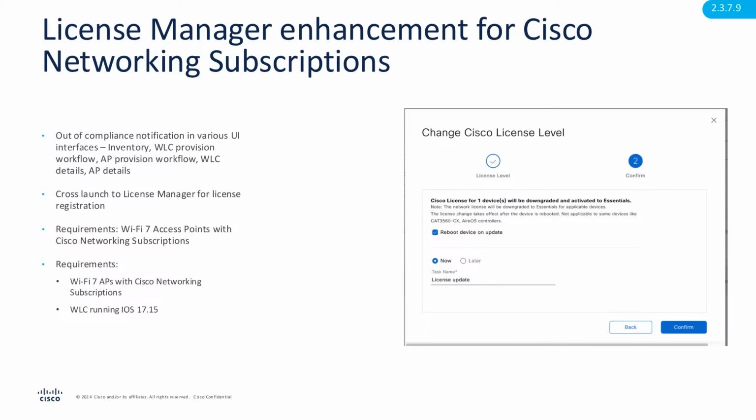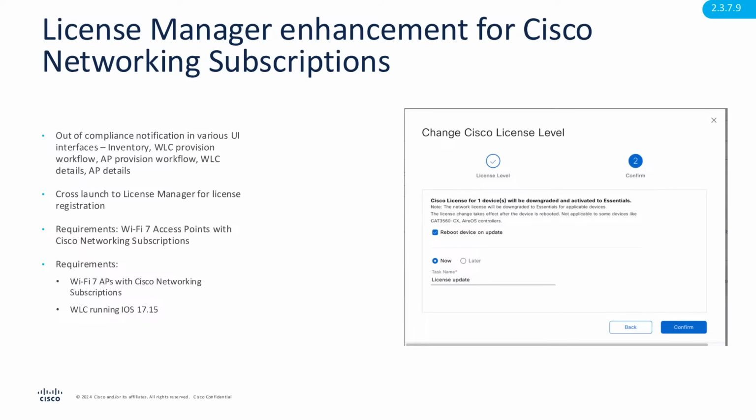License manager enhancements. Again, you see in the upper right-hand corner, this is a new thing with 2379. We've made some changes to the license manager, specifically for the networking subscriptions. We've improved the out-of-compliance notifications across various UI interfaces, including inventory and WLC workflows.